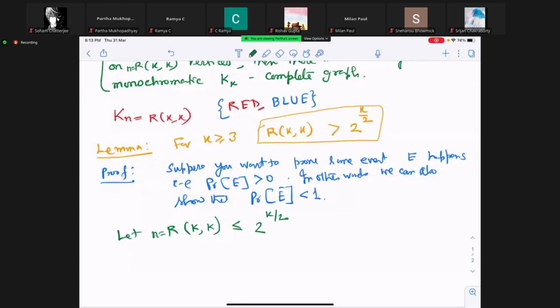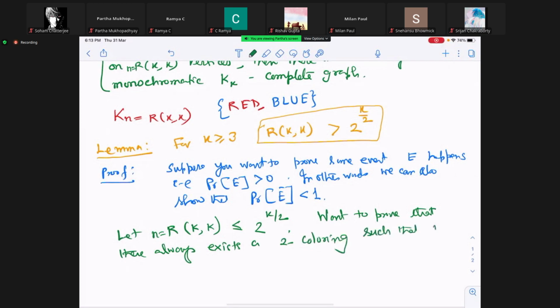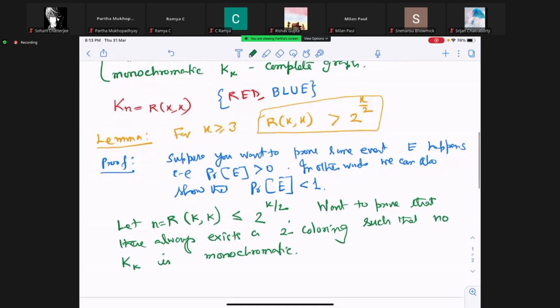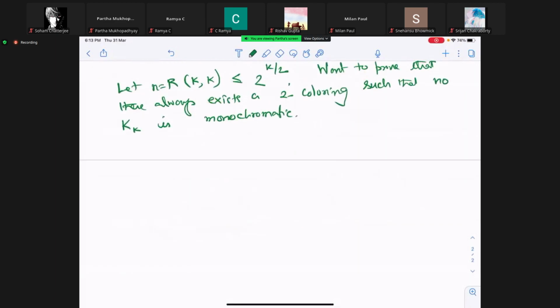I want to prove that there always exists a 2-coloring such that no K_k is monochromatic.